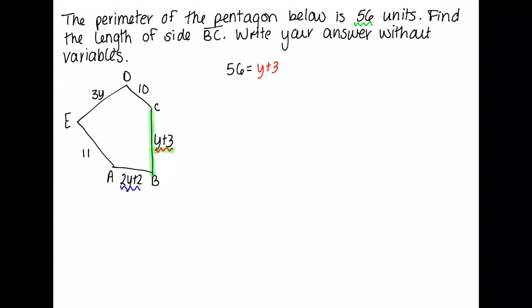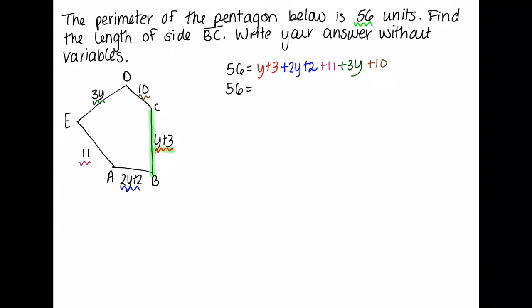We have this side length is plus 2y plus 2. We have 11. Plus 3y, plus 10. So now I have all the side lengths, and I'm just going to go ahead and simplify.